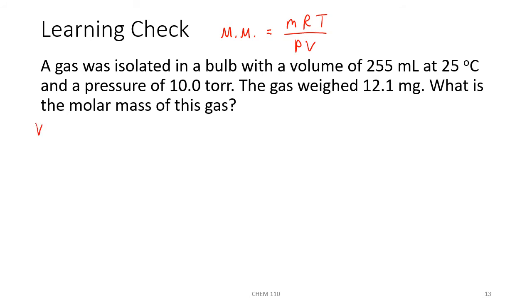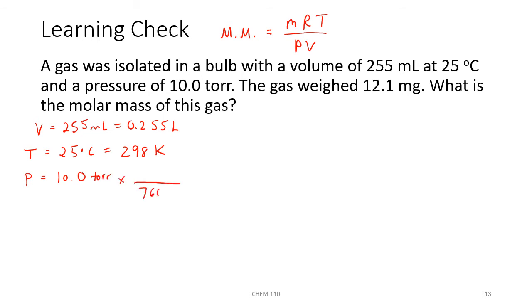Our volume is equal to 255 milliliters, which equals 0.255 liters. Our temperature is 25 degrees Celsius, which equals 298 Kelvin. Our pressure is 10 torr, converting to units of atmospheres. So we're going to divide by 760 torr.